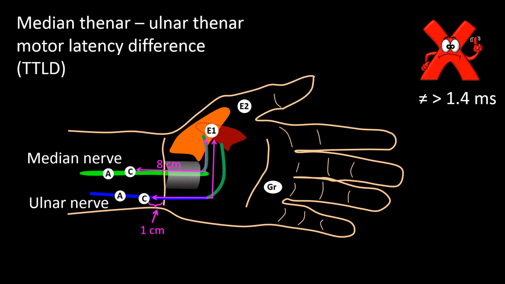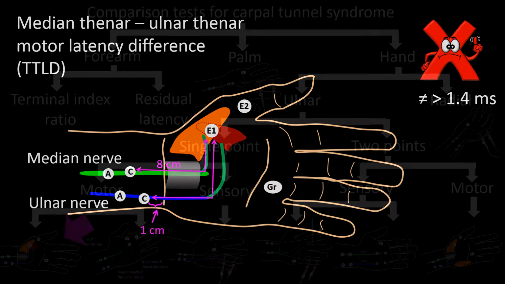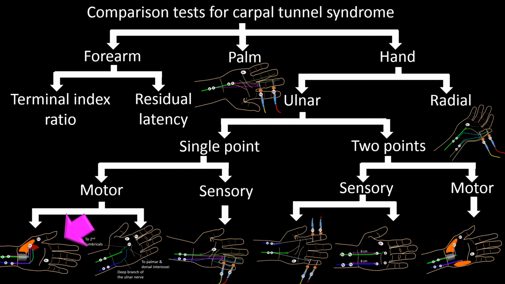So meaningful comparison between median and ulnar motor nerves can be achieved by comparing conduction using single site recording at the thenar region or at the palmar region, or it can also be achieved by 2-point recordings at the thenar and hypothenar region simultaneously.